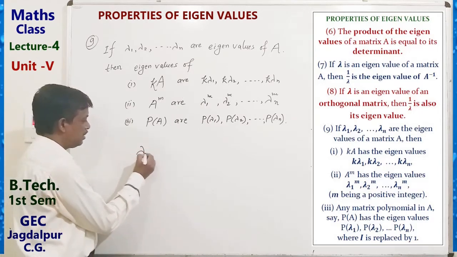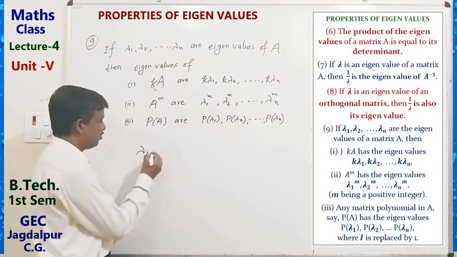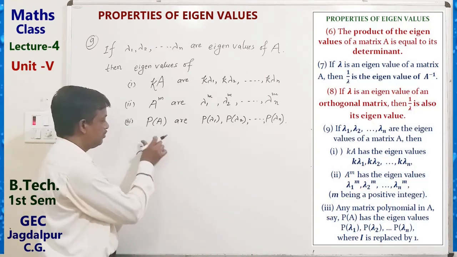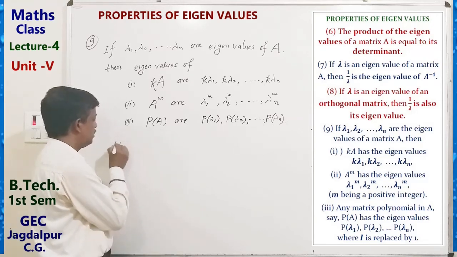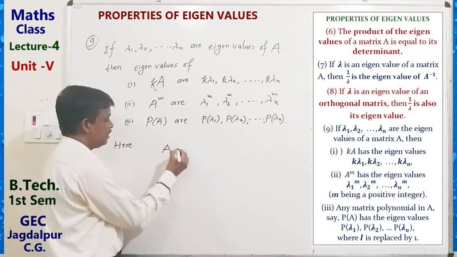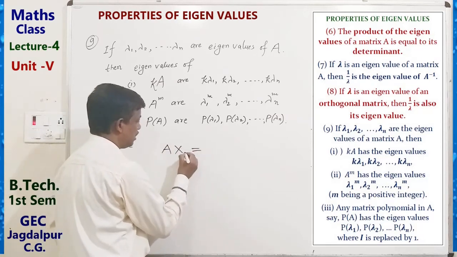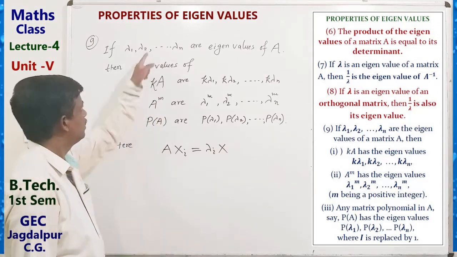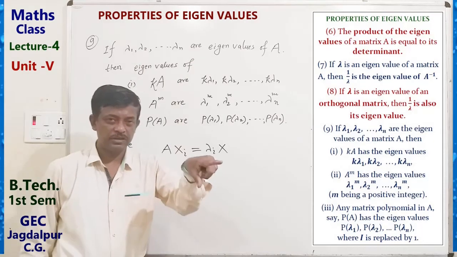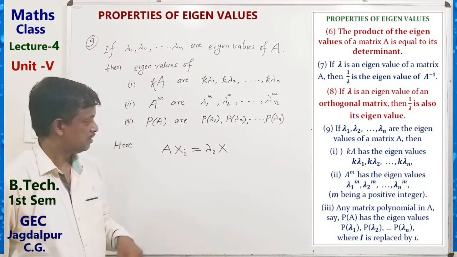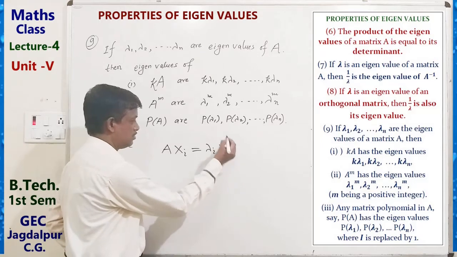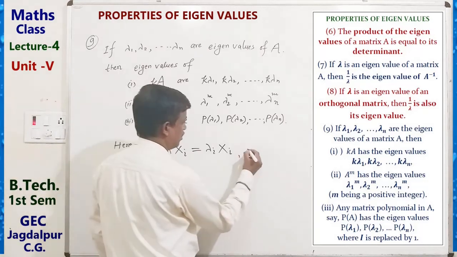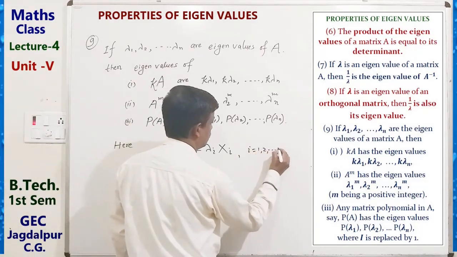So lambda i is an eigenvalue of A, and there correspond eigenvectors xi such that A xi equals lambda i xi, for i equals 1, 2 up to n.